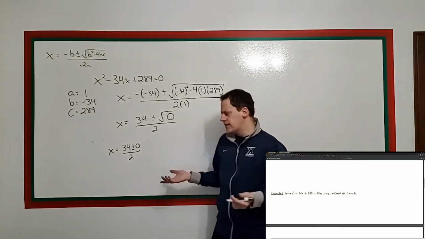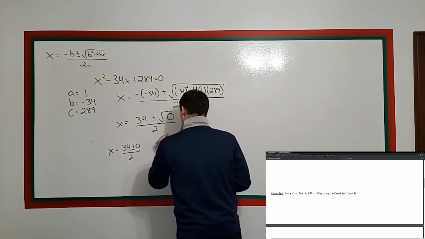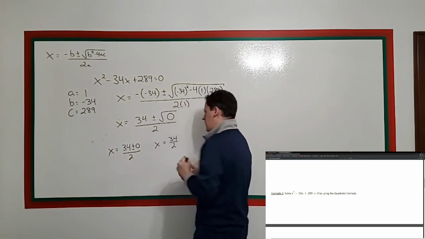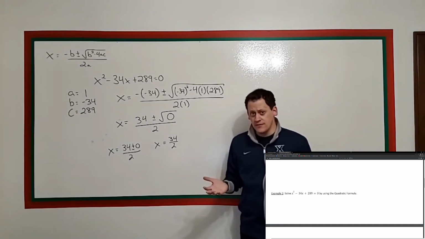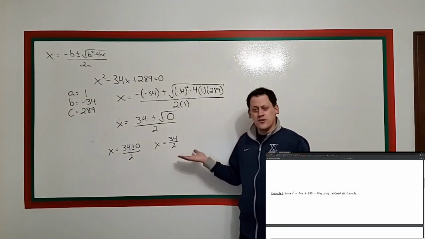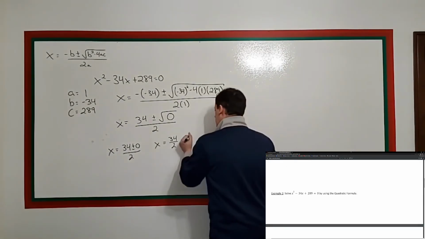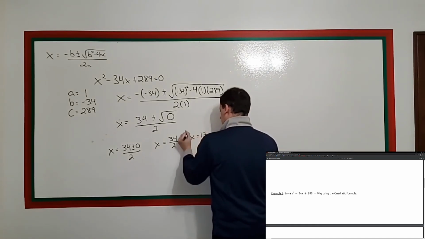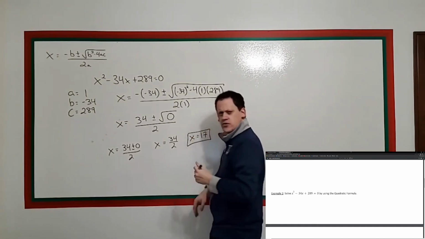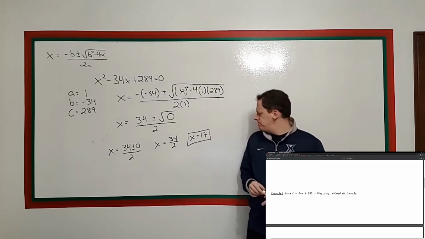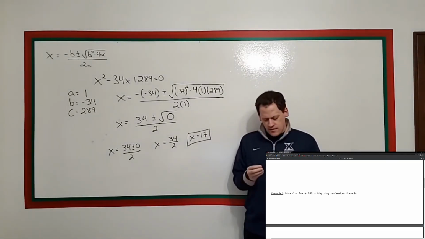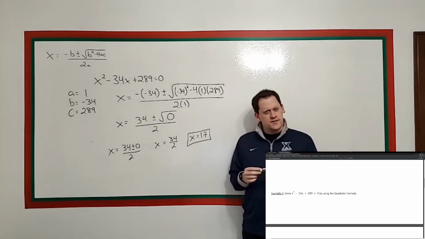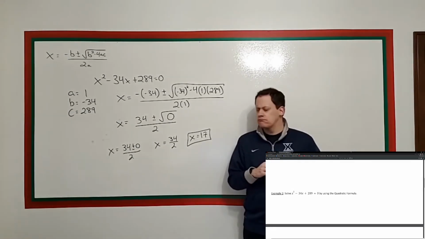So really, there's only one solution here. X is 34 over 2, which is 17. There's only one solution to this quadratic equation.